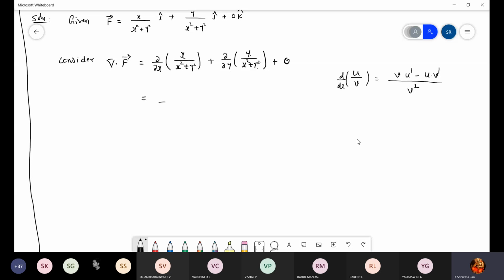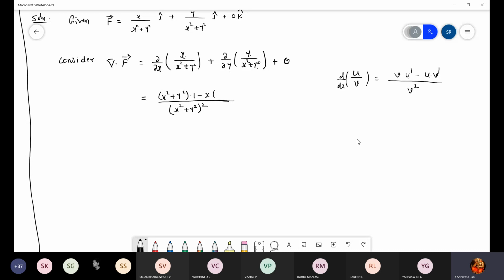So first write the denominator whole square, x square plus y square whole square. The same denominator you write as it is, x square plus y square, into the differentiation of the numerator, that is u dash. Differentiation of x is 1 partially with respect to x, minus, now write the numerator, that is x, into the differentiation of the denominator.